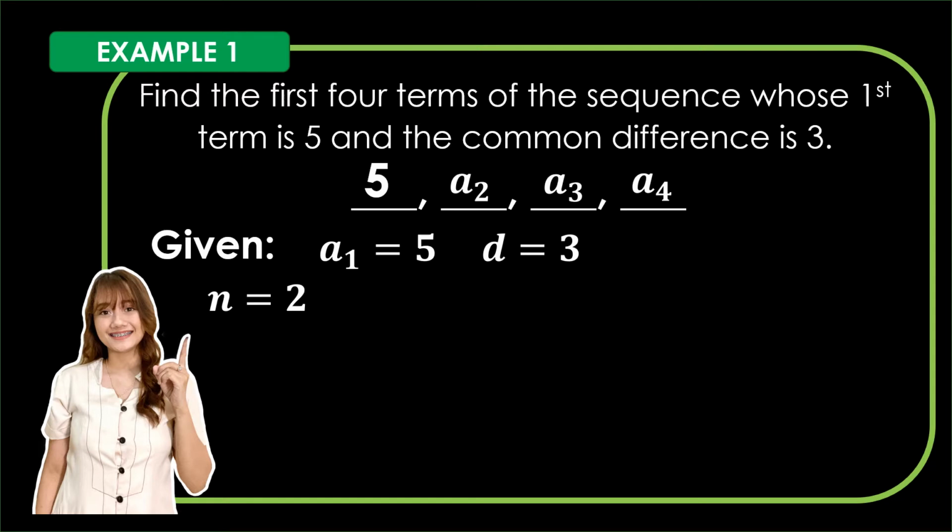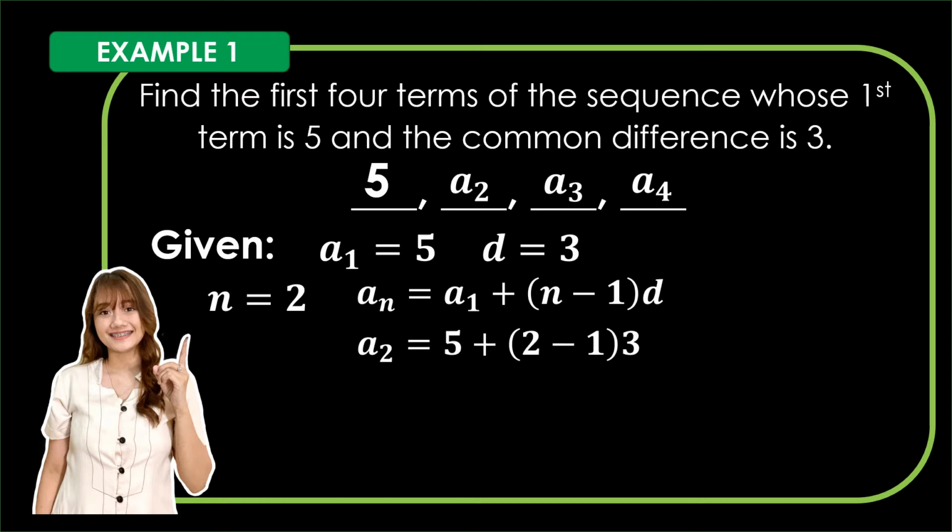Now substitute the given values to our formula. We have a sub n is equal to a sub 1 plus the quantity n minus 1 times d becomes a sub 2 is equal to 5 plus the quantity 2 minus 1 times 3.